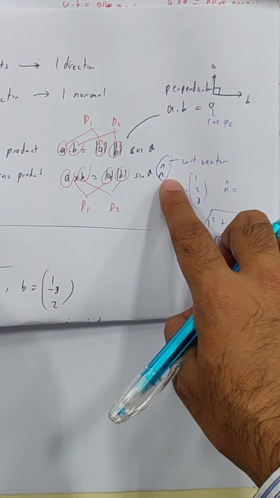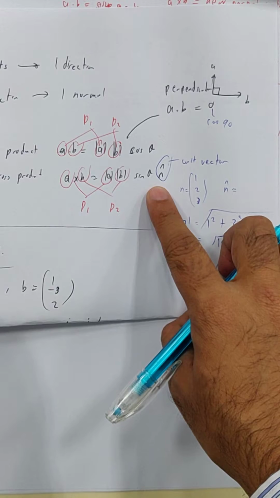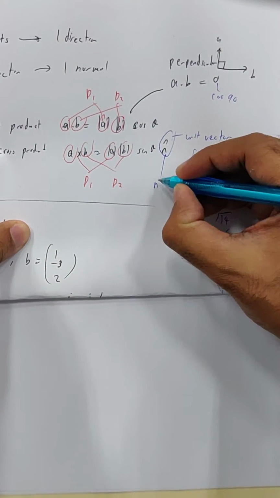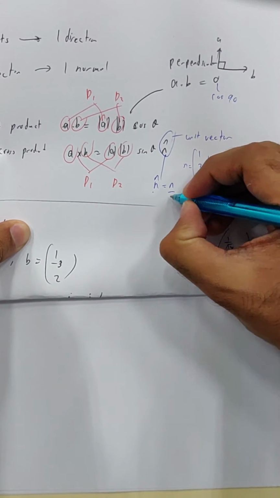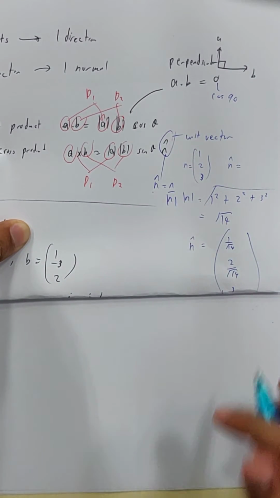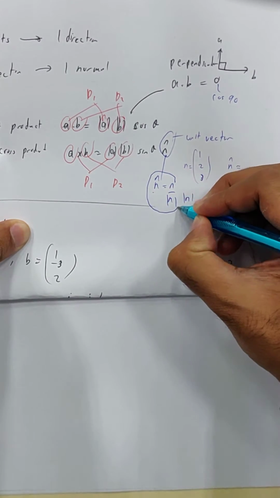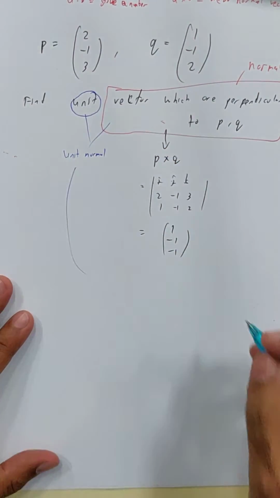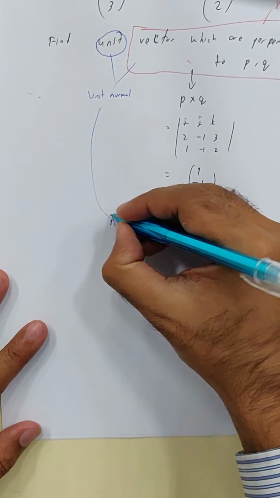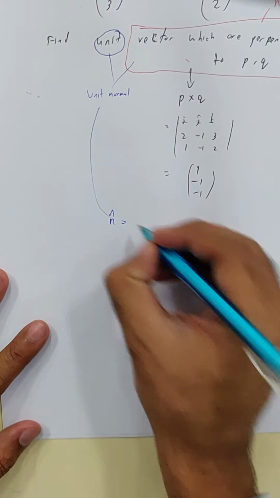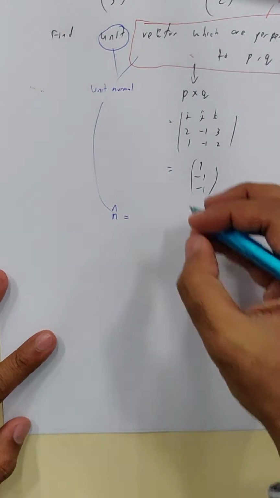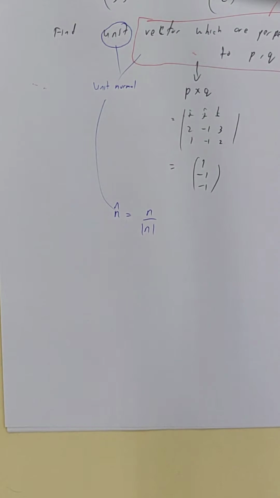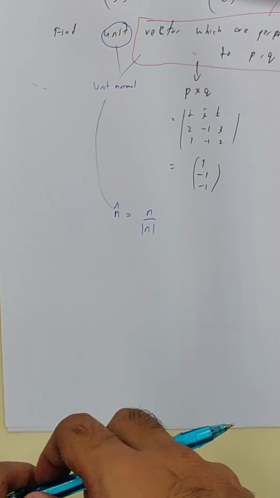Here, unit vector n hat. N hat is what? I forgot to say, n hat is n over n modulus. So unit normal is n hat. What's the formula for n hat? N over n modulus.